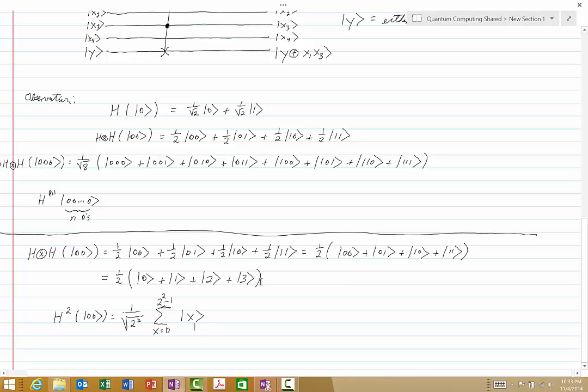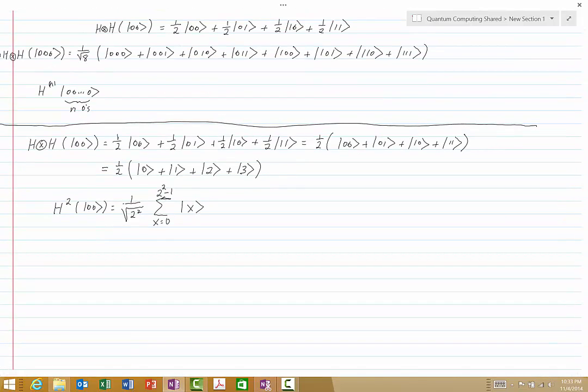So you might wonder why we're writing it in this more complicated form, but the answer is the following, because once you see this as an example of the more general case, which is this: Hn acting on the n qubit state that consists of all zeros is equal to 1 over the square root of 2 to the nth power times the sum x equals 0 to 2 to the n minus 1 of x.